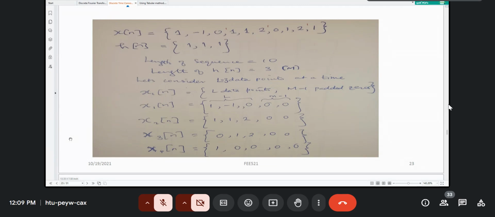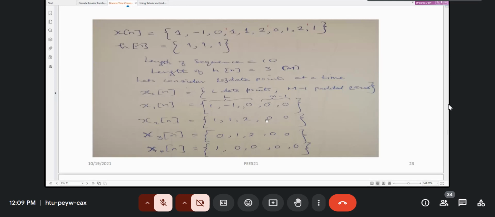Because then you can use the FFT algorithm, one of the FFT algorithms, which is the radix 2. I think we are going to look at that, but it makes sense to use either 4 or 8 or 16 if we are going to use the FFT algorithms.